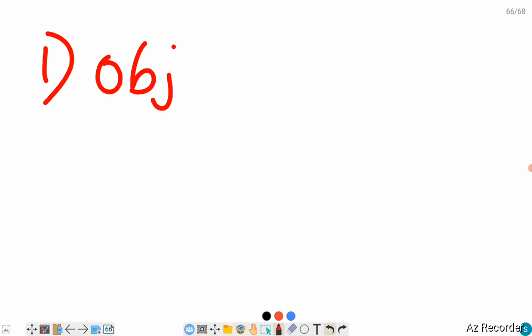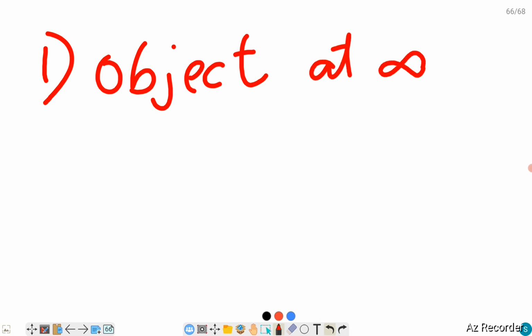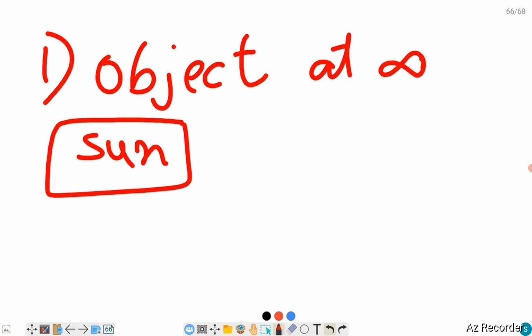This is for concave mirror. Okay. Object at infinity. Infinity means which is very far. Let us take the object as the sun. It will be important for MCQ. In the options, if the sun is there, for a far object you need to mark the sun only.